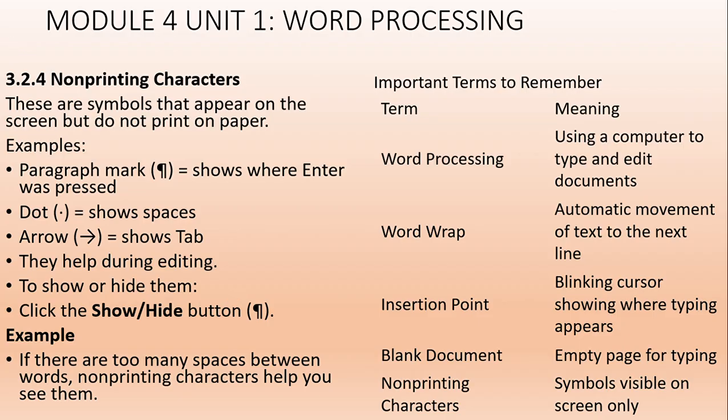So that's an example. Or maybe you type something like this. You see there's a green line under this also, because there's a mistake there. This HUS is showing a red line.